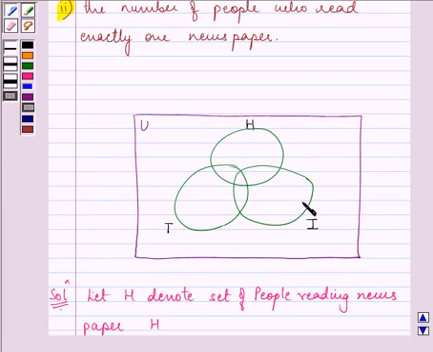We denote the number of elements in specific regions by letters A, B, C, D, E, F.